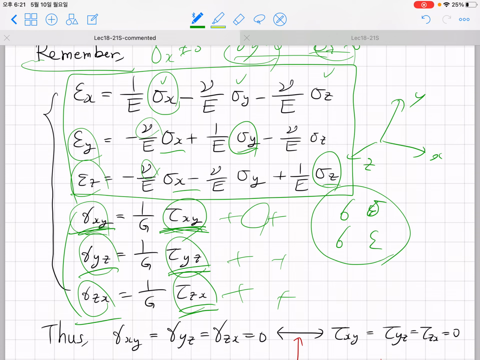Okay, so here what you can realize is that, of course, the other way around, when you have an axis where gamma xy, gamma yz and gamma zx are all 0, your axis is guaranteed to have the 3 shear stresses be 0.